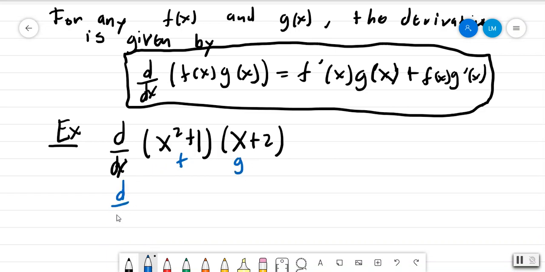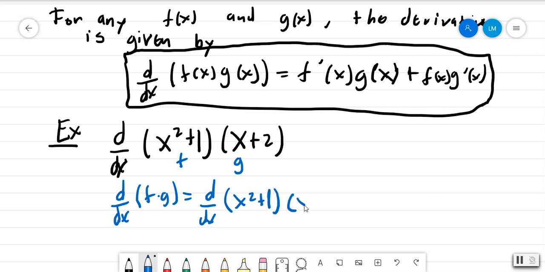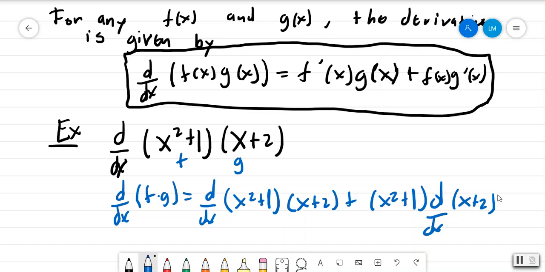So the derivative of f times g is equal to the derivative of x squared plus 1 multiplied by x plus 2, plus x squared plus 1 multiplied by the derivative of x plus 2.